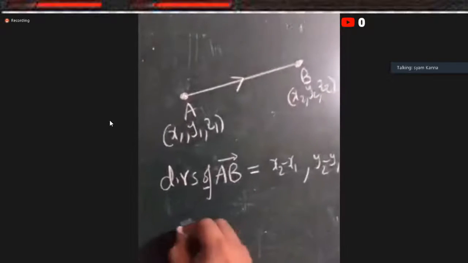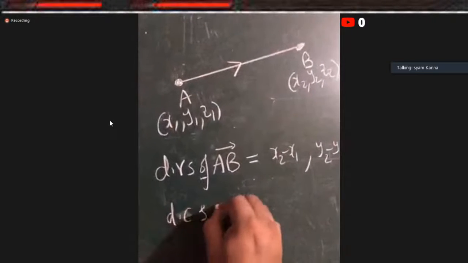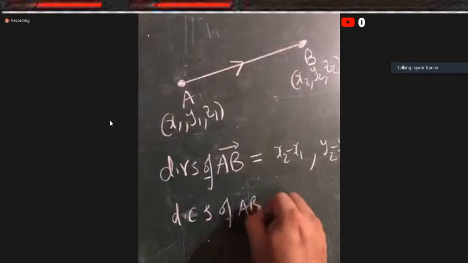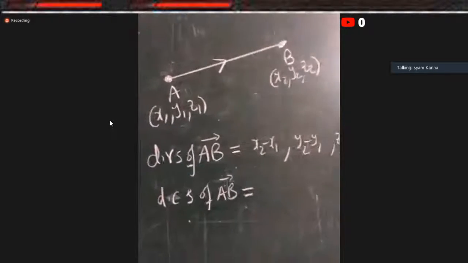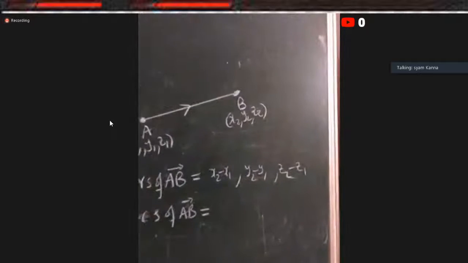Sir, I want the cosines. Direction cosines of AB bar, if you want, then do one thing. First you have to find the ratios.